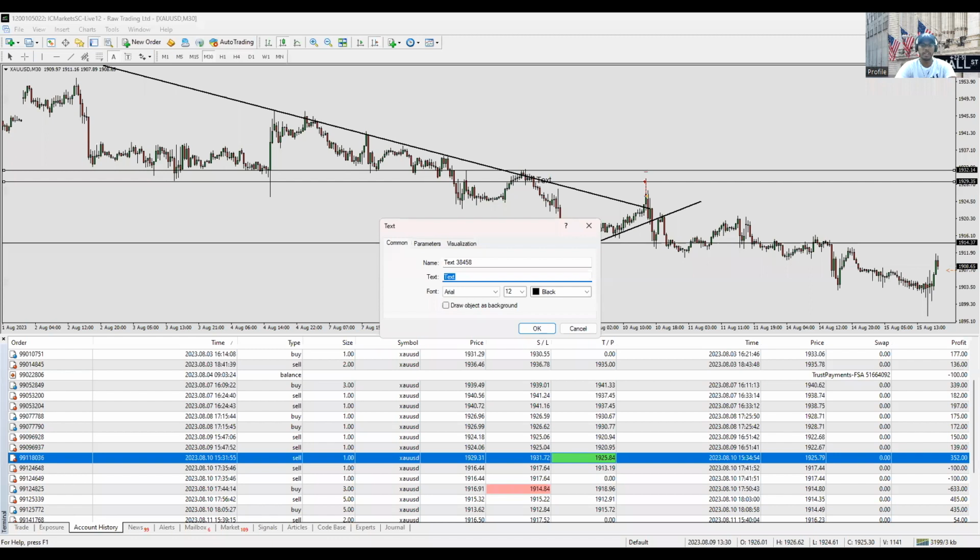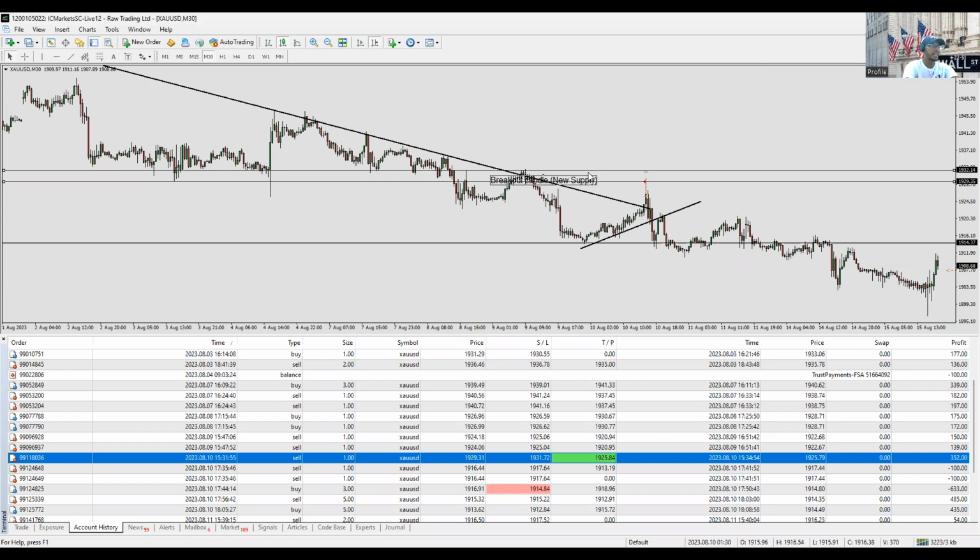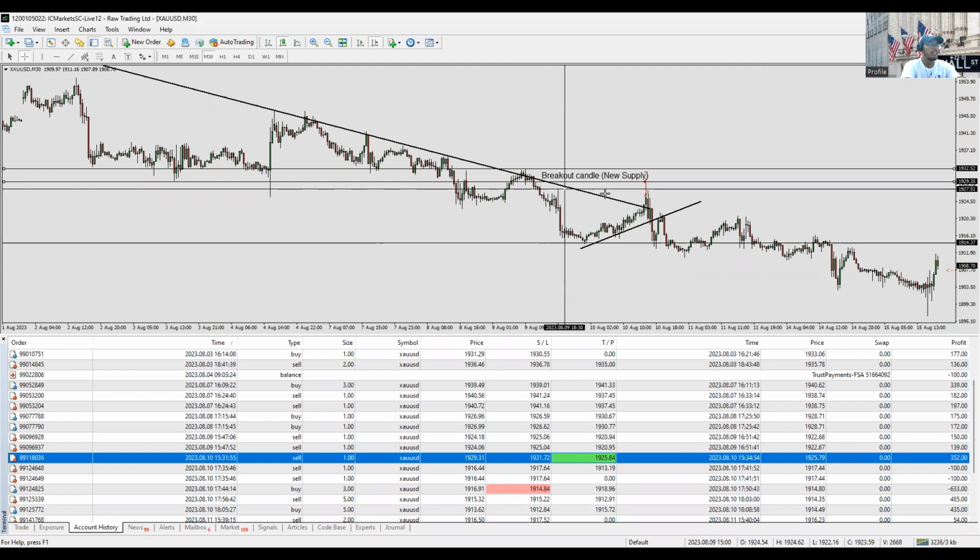Always mark your breakout candle if you're trading supply and demand. Breakout candle, new supply, right? So when I had this marked, I was aware that, okay, there is possibility of price rejecting from this level.